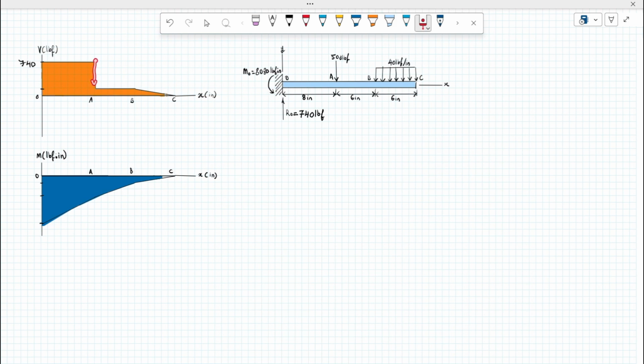Going downwards is at this level. And in order to calculate that, we just need to minus 740 minus 500 is 240.